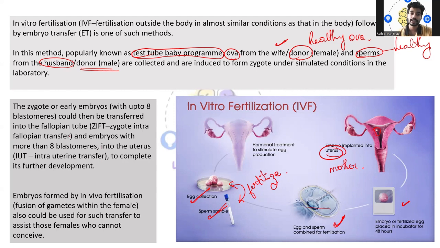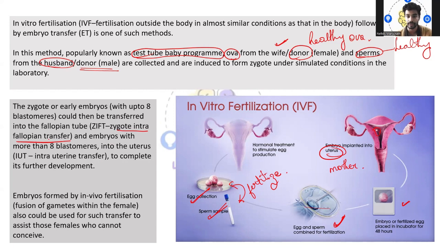So next is zygote intrafallopian transfer. Here the zygote itself or the early embryo, which is at the 8 blastomere cell stage, is transferred into the fallopian tube before fertilization itself.